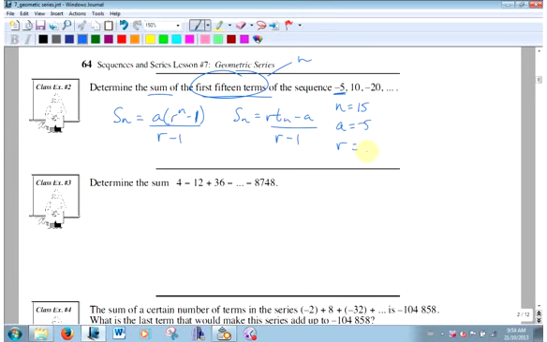Can I figure it out pretty quickly? How do I get from -5 to 10? Or, let's not hurt our brains. Let's just take that, divide it by that. Looks like r is -2. Which formula do I want to use? Do I want to use this one?